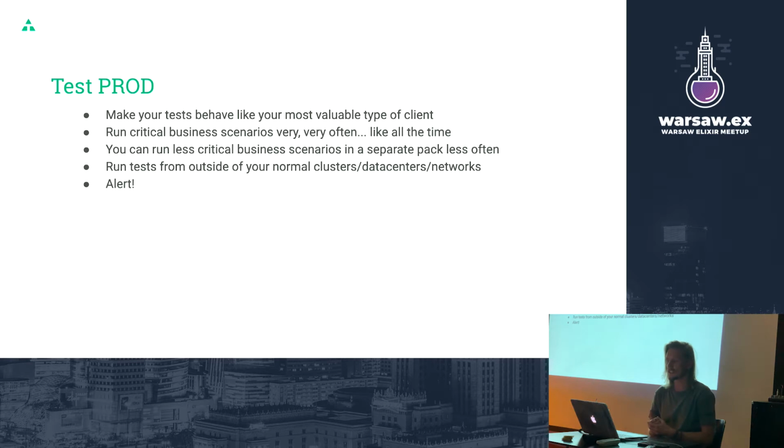And these critical business scenarios should be run very, very often, like all the time. We run them all the time. And you can have a pack of your less important scenarios and run it less often with a lower priority or something. But the core ones should be really run all the time, and you should run them from outside of your normal clusters, data centers, network. It should pretend to be a client.